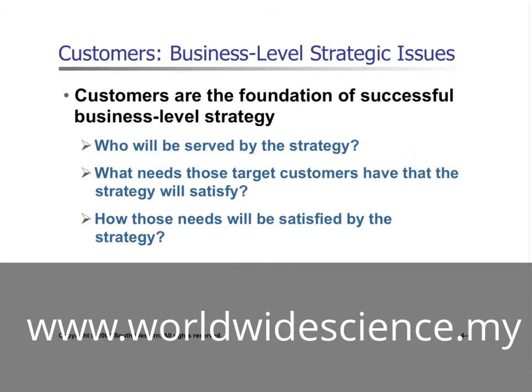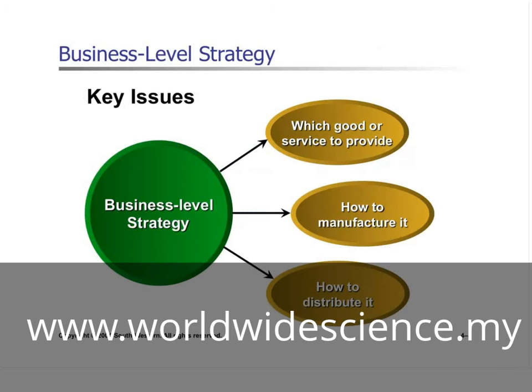So, the customers. Business level strategic issues regarding customers. Customers are the foundation of successful business strategy. So if you look back at those three questions and issues, basically customers are the foundation. Let me just take you back there. What type of good or service you provide to customers. So basically your audience, your targeted customers.